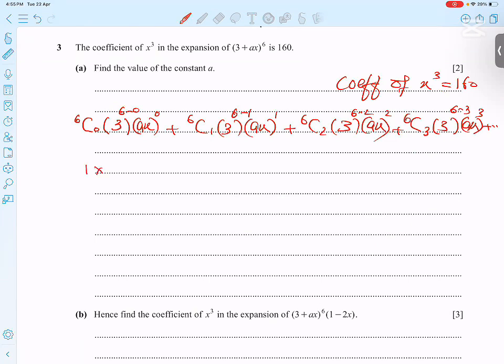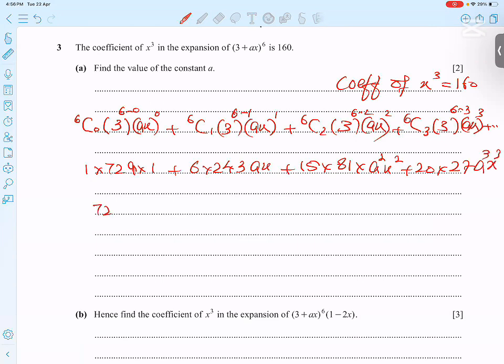6C0 is 1, 3 to the power 6 is 729, and something to the power 0 is 1. 6C1 is 6, and 3 to the power 5 is 243 into AX. And 6C2 is 15, and 3 to the power 4 is 81, and AX squared. 6C3, if you check, comes to 20, and 3 to the power 3 is 27, and a cubed, x cubed.